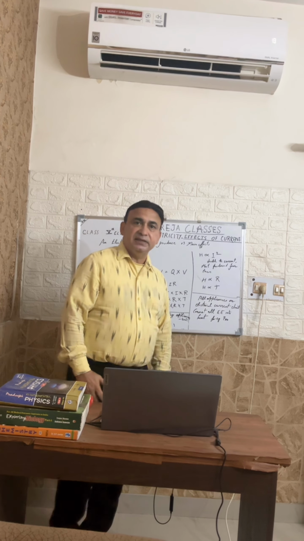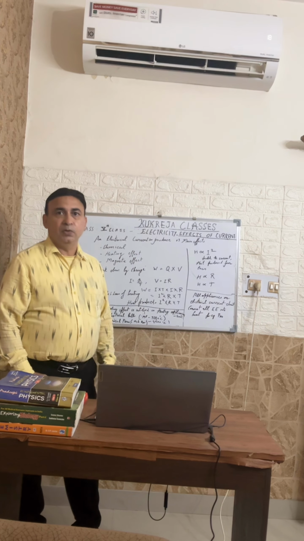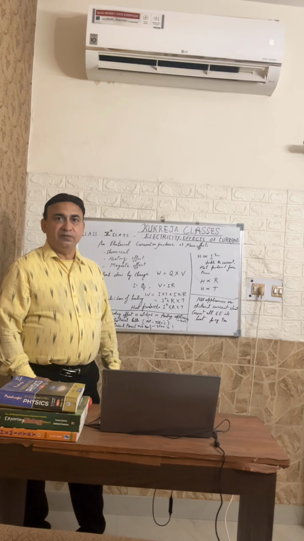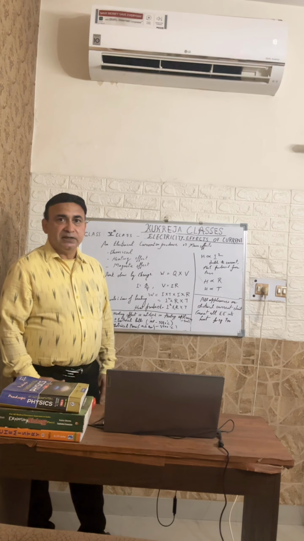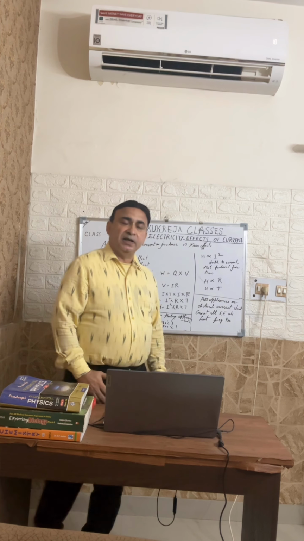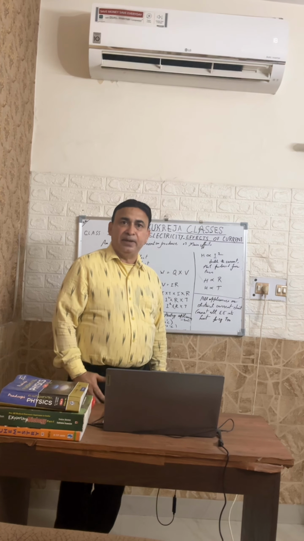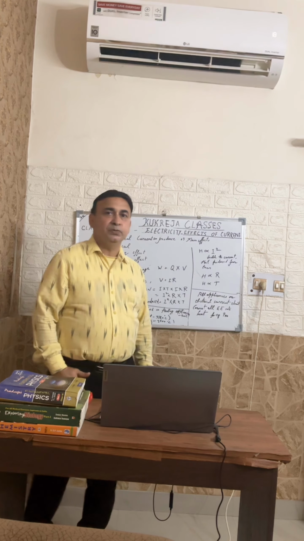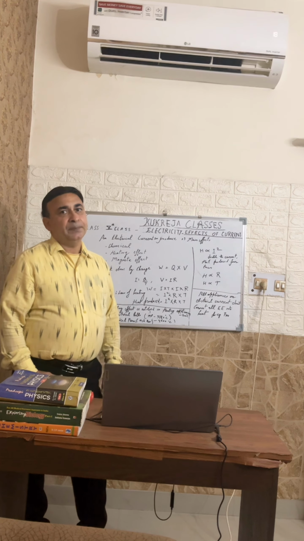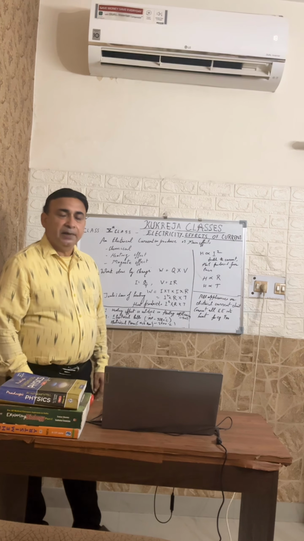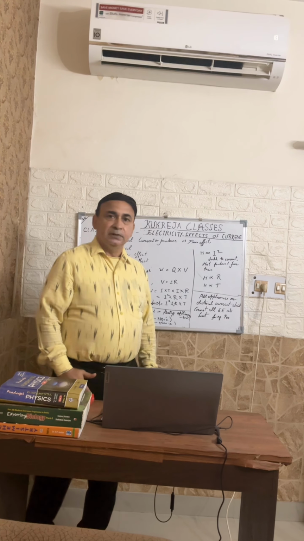Because it has a high resistance, low rate of evaporation, high flexibility, and also a high melting point. Due to these properties, we use tungsten as the filament in electrical bulbs or lamps.